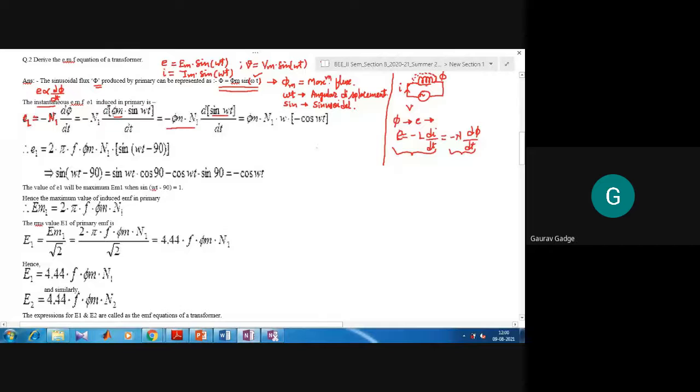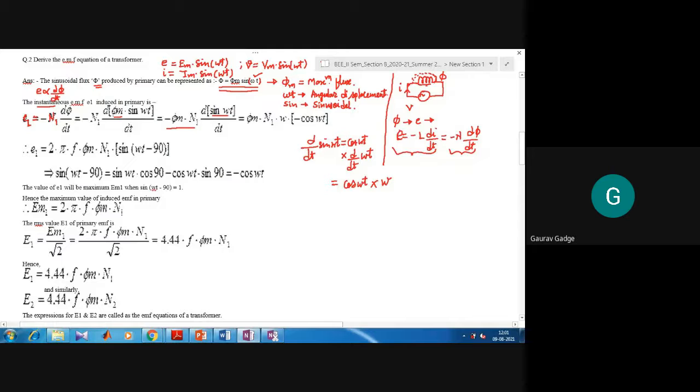So derivative of sin omega t. If someone asks me, sir, what is the derivative of sin omega t? So my answer is derivative of sin omega t is cos omega t multiplied by d by dt of omega t. And what is d by dt of omega t? It is omega. How we are writing negative sign here?